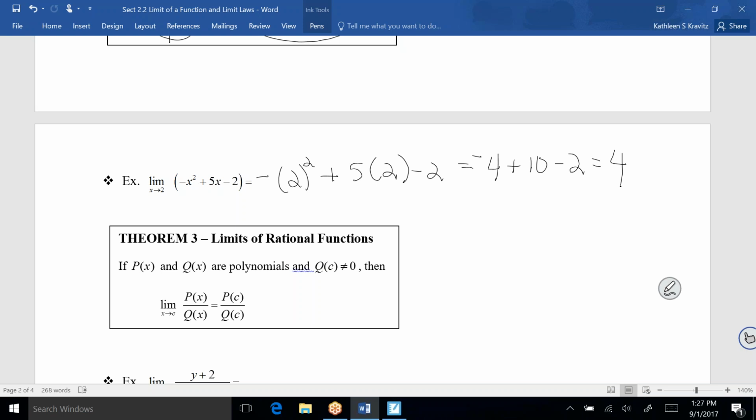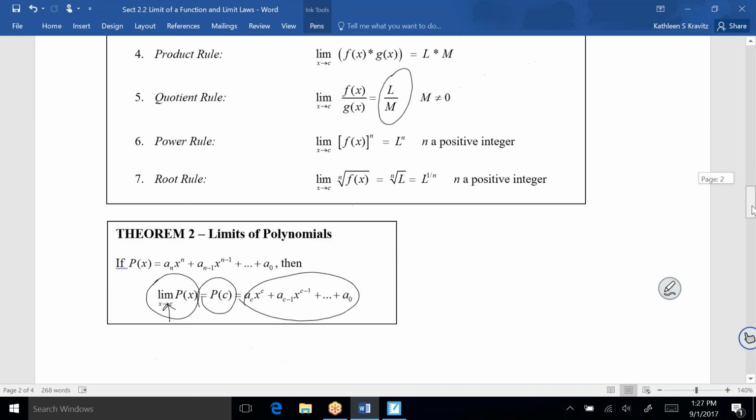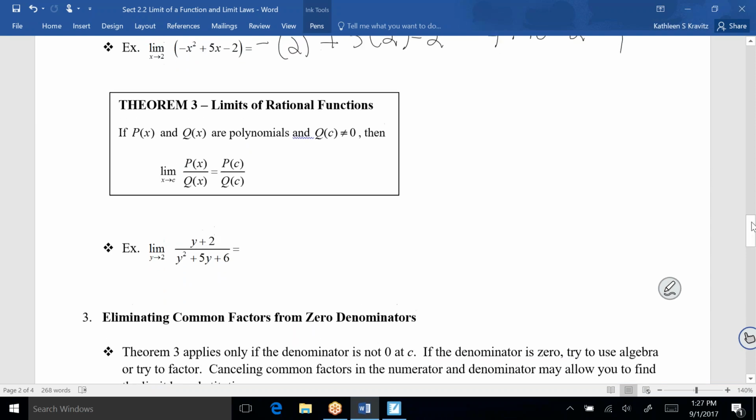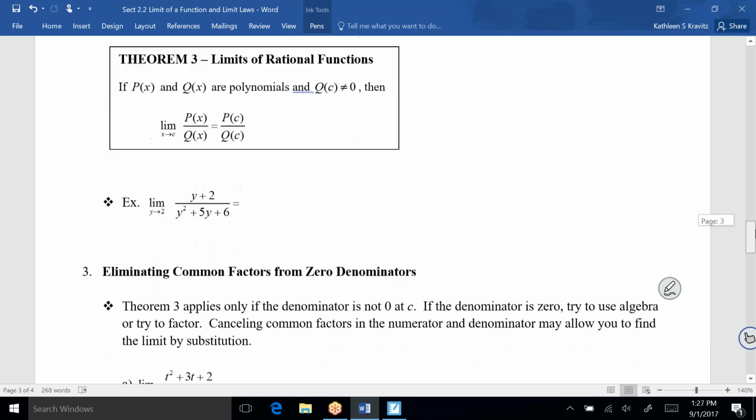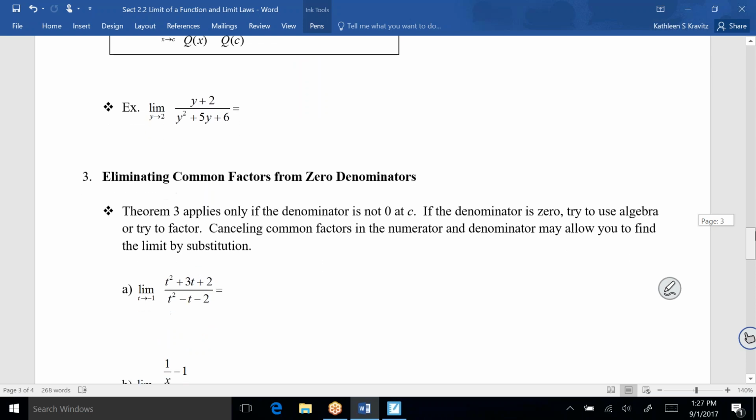And then we have another theorem. Theorem 3, limits of rational functions. So now we have two polynomial functions. P is a polynomial function, and Q is a polynomial function. We're looking at the limit of a rational function where the numerator is a polynomial P and the denominator is a polynomial Q, and we can do the same thing. We can plug C into our function P, and we can plug C into our function Q. So here's an example.